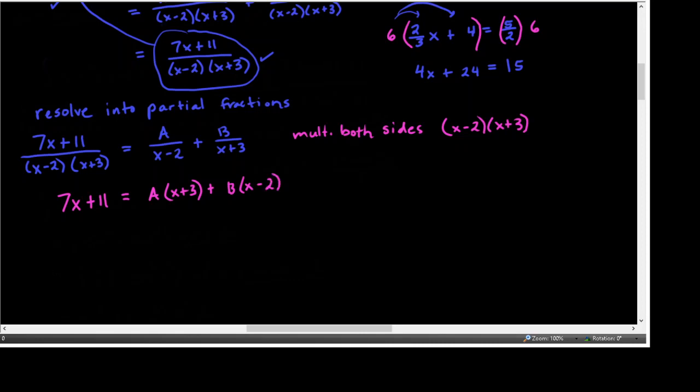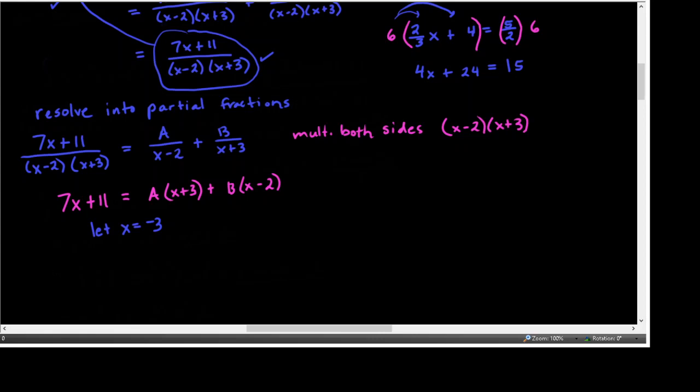Then what I'm going to do is I'm going to make up a number that I think would be helpful. I'm going to let x equal, I'll just make up something. How about -3? That sounds like a great number. And x equal -3 and substitute into both sides of this equation.